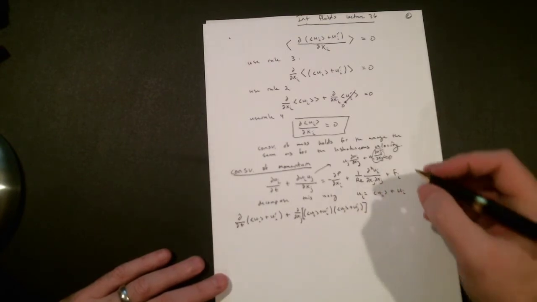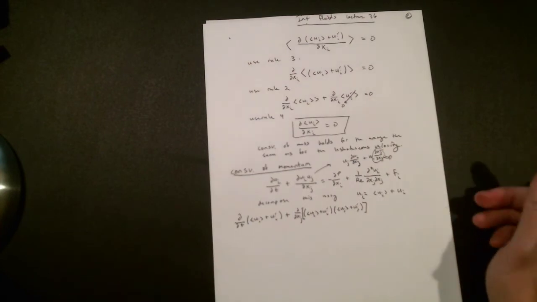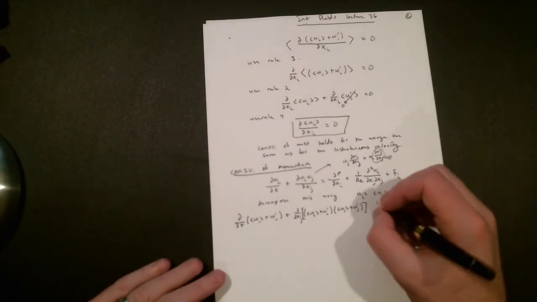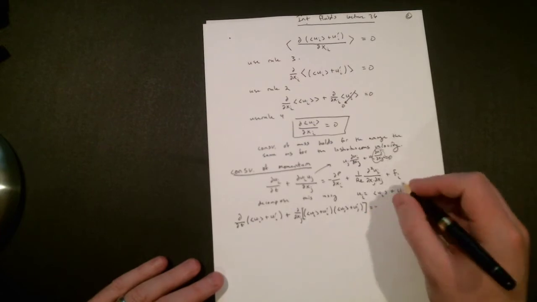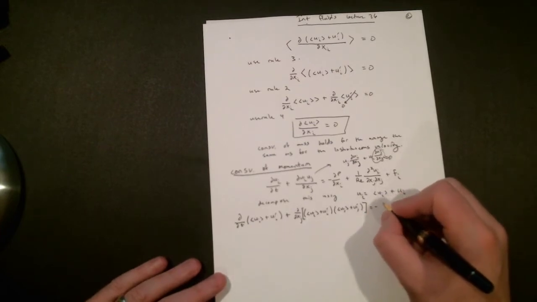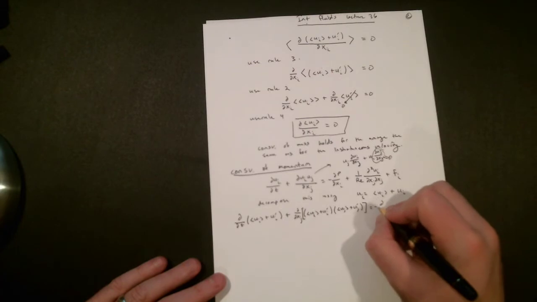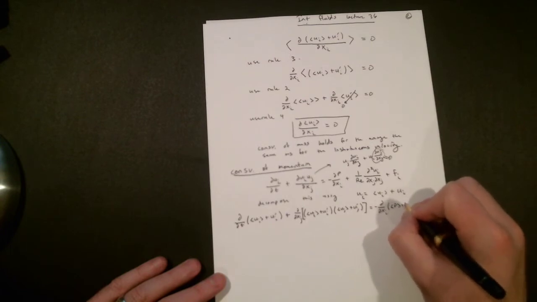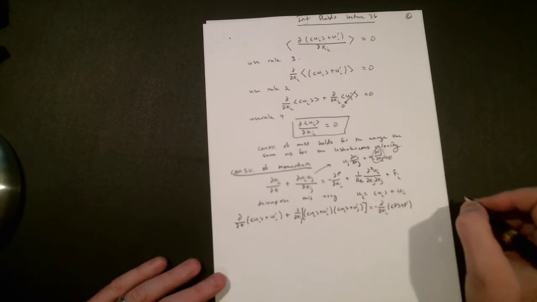That is that term. Our pressure term, we can break that out into a mean and a fluctuation as well. So this is going to be equal to minus, decomposing our pressure in the same way, ∂/∂xi of the ensemble average pressure plus the deviation from that.